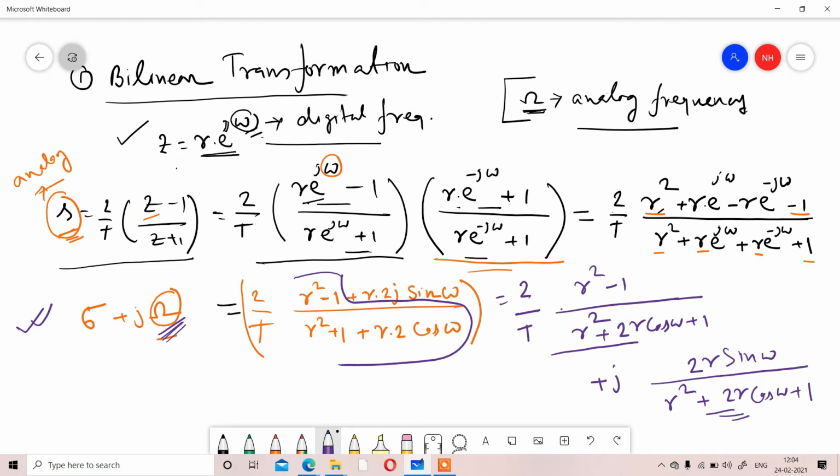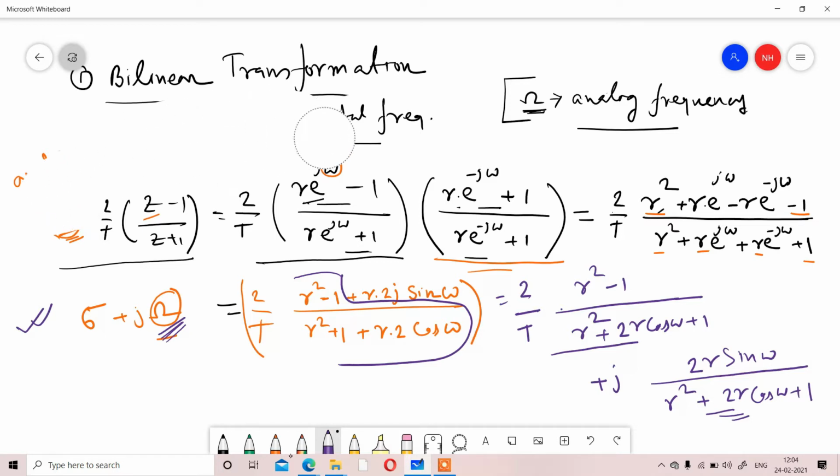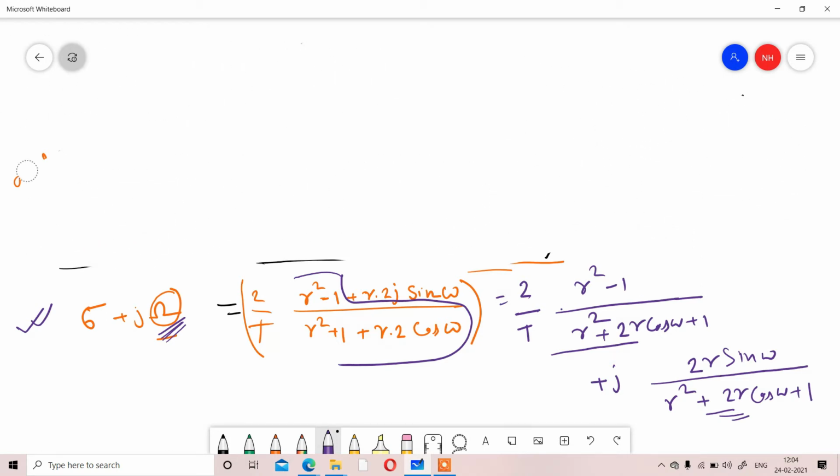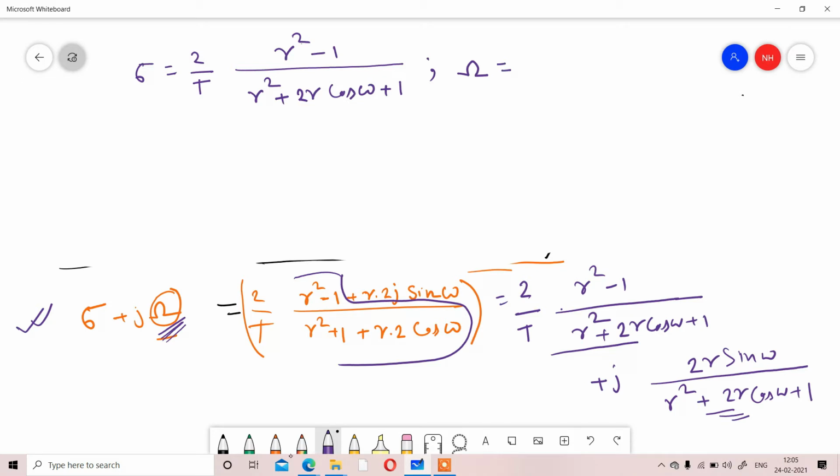So from here we can write sigma equal to 2 by t into r square minus 1 by r square plus 2r cos omega plus 1, that is sigma, and omega, that is the analog frequency, will be equal to 2r sine digital frequency by r square plus 2r cos omega plus 1.